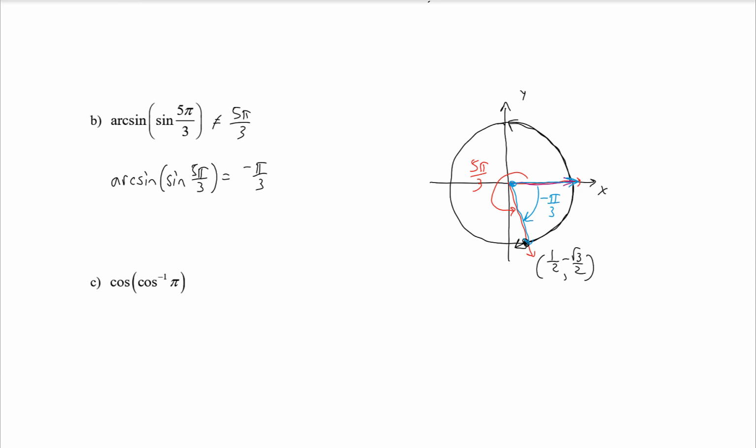Let's try this other one here. We're going to do inverse cosine and plug it into cosine. And pi is our input for inverse cosine. But pi is not in the domain of the inverse cosine function, so this does not equal pi.